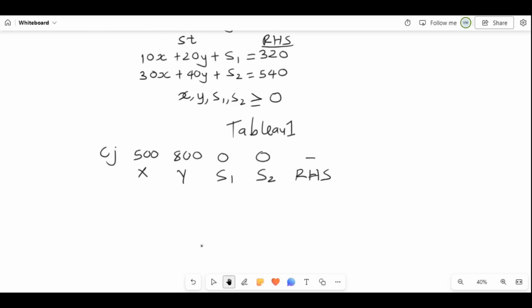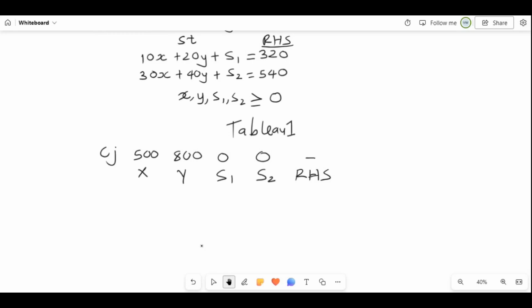That is how we have the CJ row. In most cases, the CJ row will remain constant because the unit contribution of the decision variable is assumed to be known and constant. And we don't expect the CJ row to change as you move from one tableau to the next.